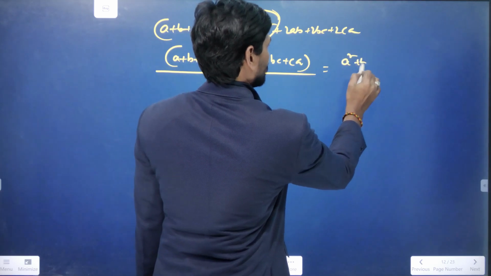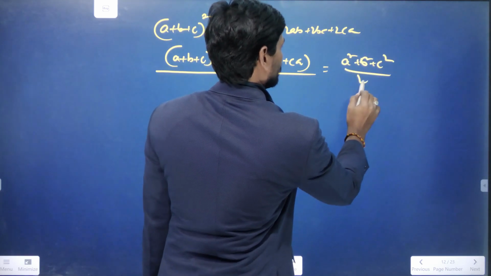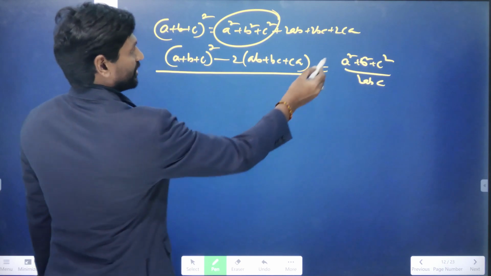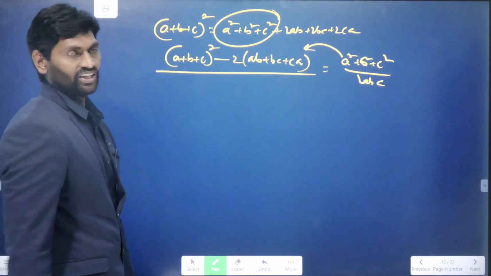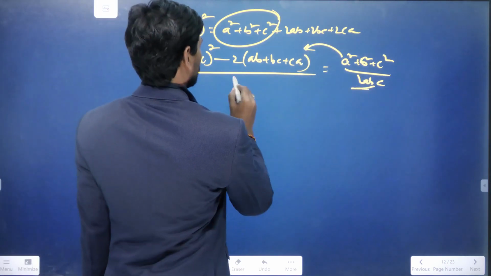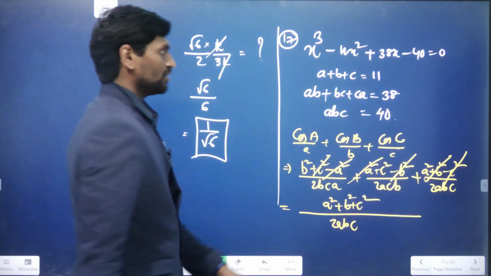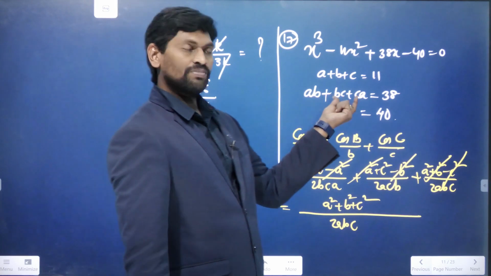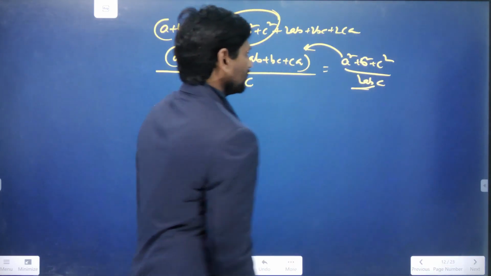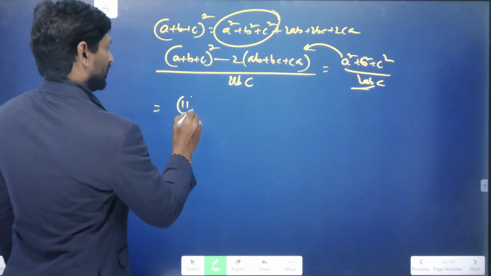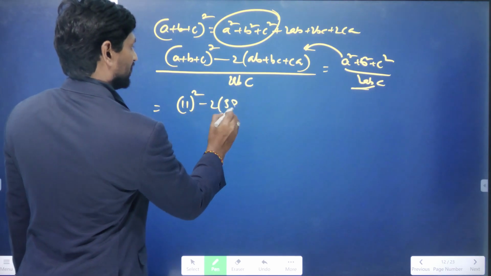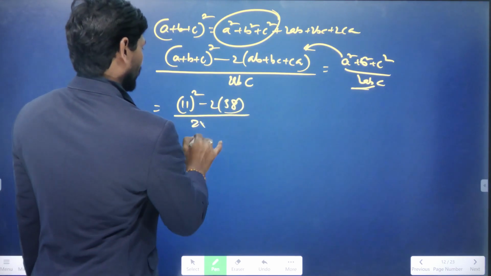In the place of 2abc, I write 2abc as it is. We know a plus b plus c is 11, and ab plus bc plus ca is 38. So 11 square minus 2 into 38, by 2 into abc value.